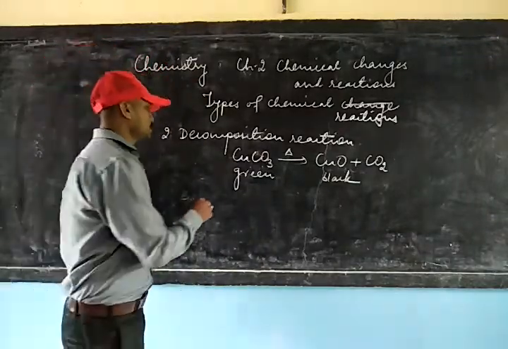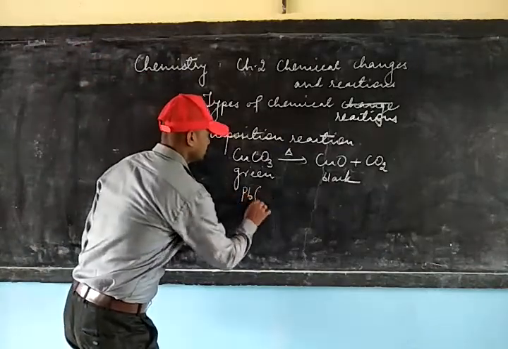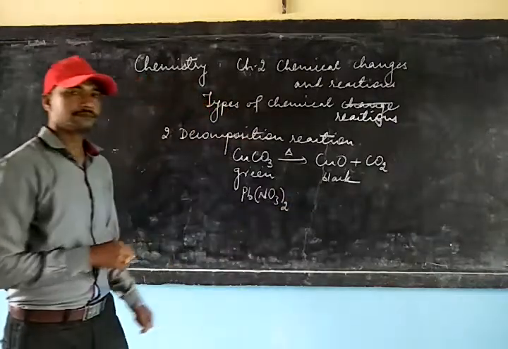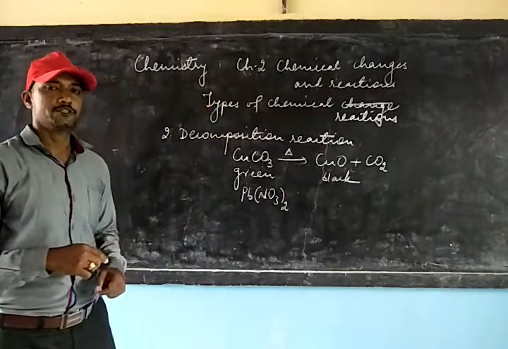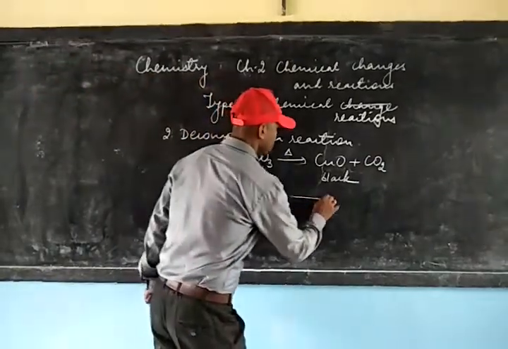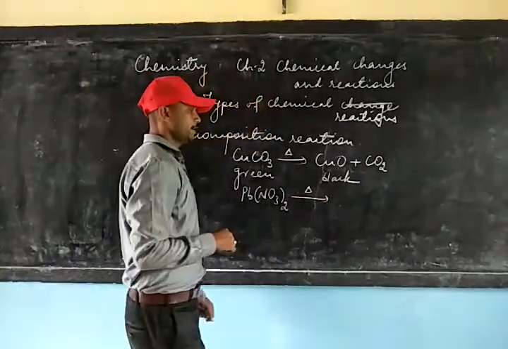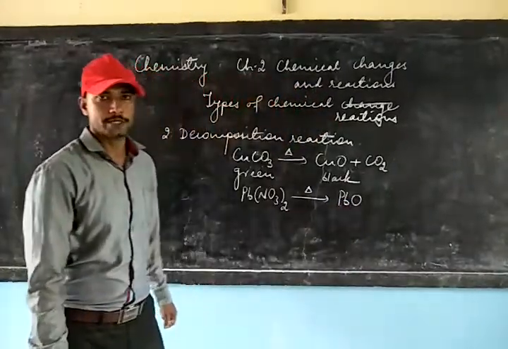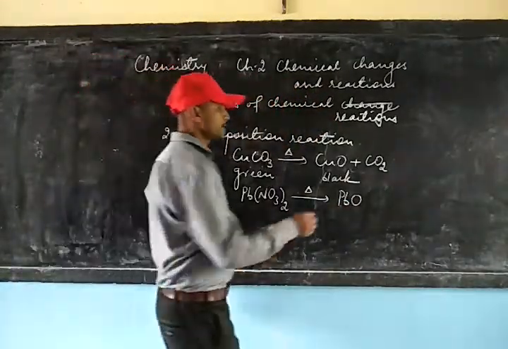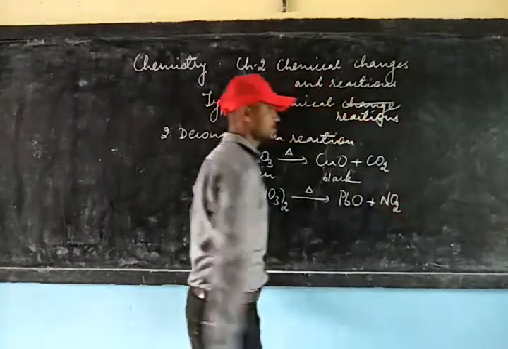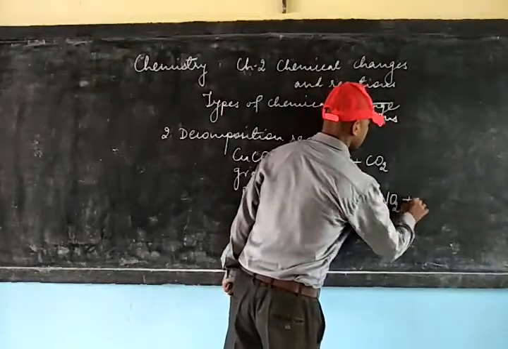We can take one more example, the decomposition of lead nitrate. Lead nitrate is a white salt, but when it decomposes, it gives a yellow solid of lead monoxide along with a reddish brown gas, which is nitrogen dioxide, and a colorless gas, oxygen.